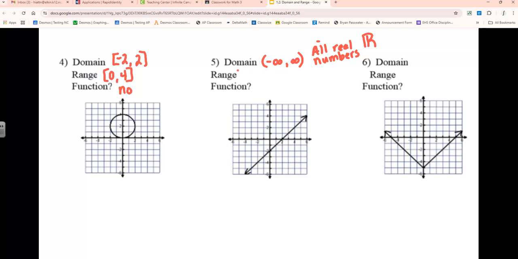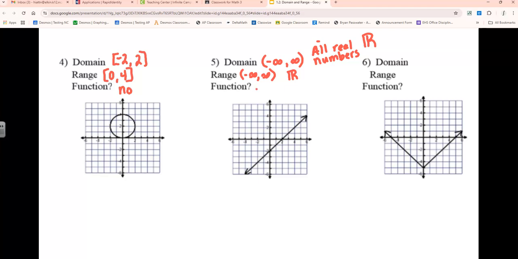So for range, you can do negative infinity to infinity. Or you could put just that R. If you want to reduce the amount of pencil lead that you are using, that's there for you. So both of those are negative infinity, positive infinity. You got those arrows on either end that just keep going in both directions.